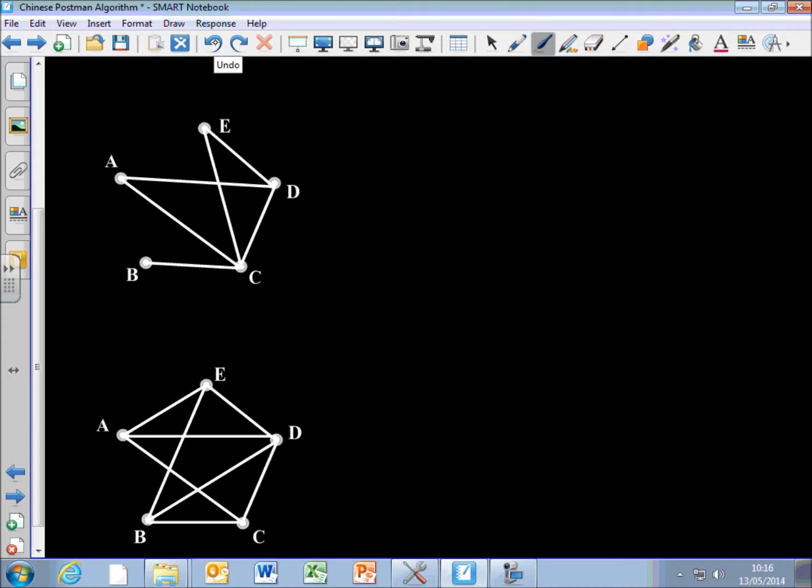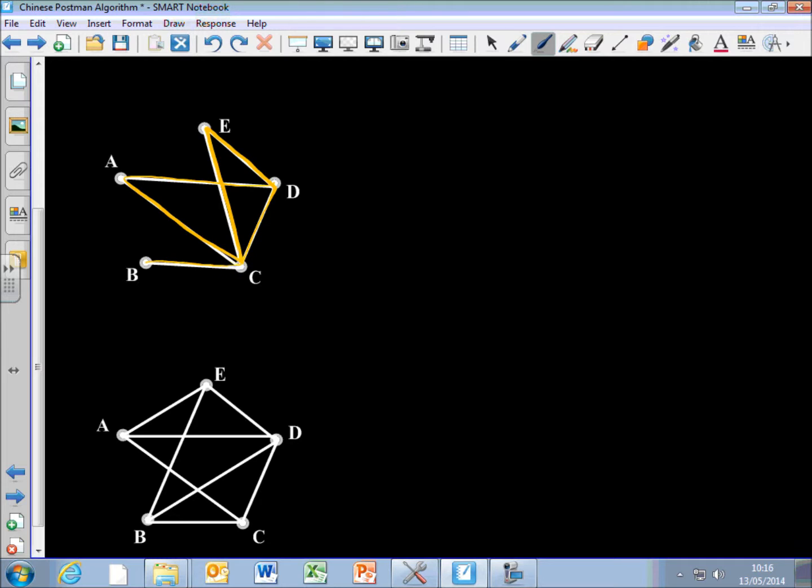This time we're going to start at C, and go C to D, D to E, E to C, C to A, and again I get a little bit unstuck. So I'm going to try a third time, starting at D, and go D to A to C, C to E, E to D, D to C, and C to B, and that time I've managed it.